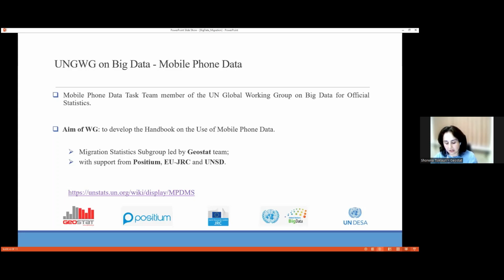The definitions in the book are in line with the revised international recommendations on migration statistics endorsed by the 52nd session of the UN Statistical Commission in March 2021. Here I put the link of the handbook, which is published on the UN webpage.